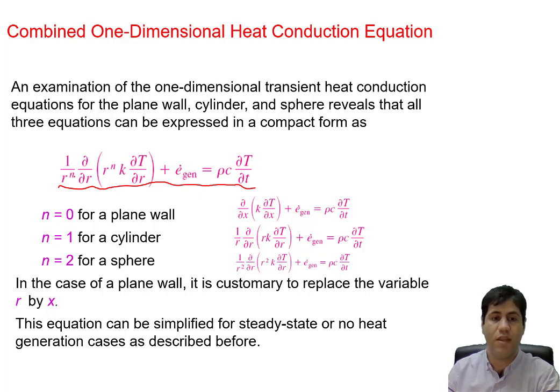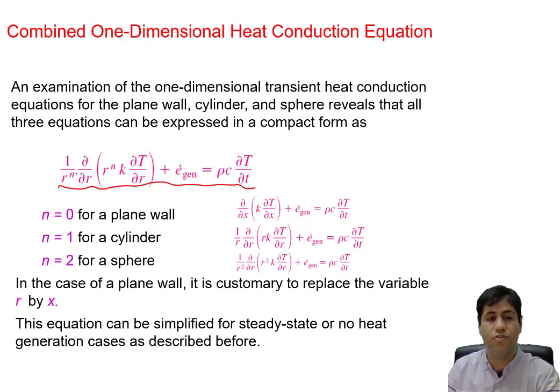If we put n equal to 1, we will reach the equation for the cylindrical coordinate system, or a cylinder.